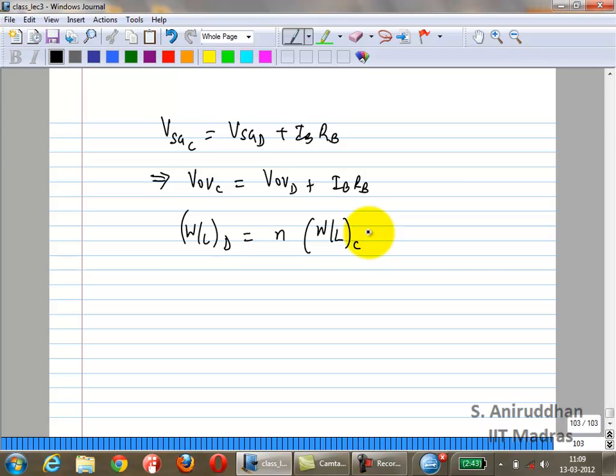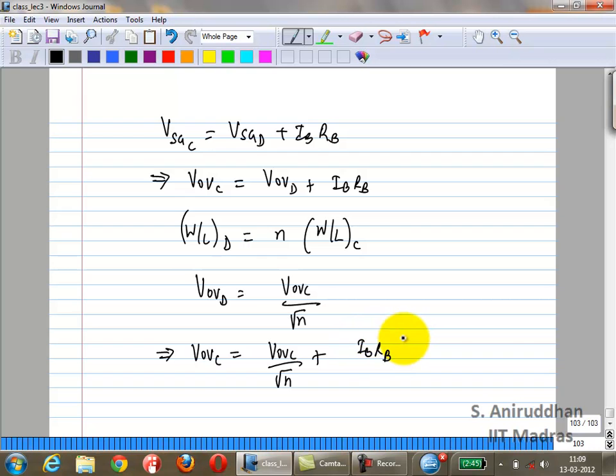So we know one more relation between the overdrives. Which means V overdrive D is V overdrive C over root N, plus IBRB.